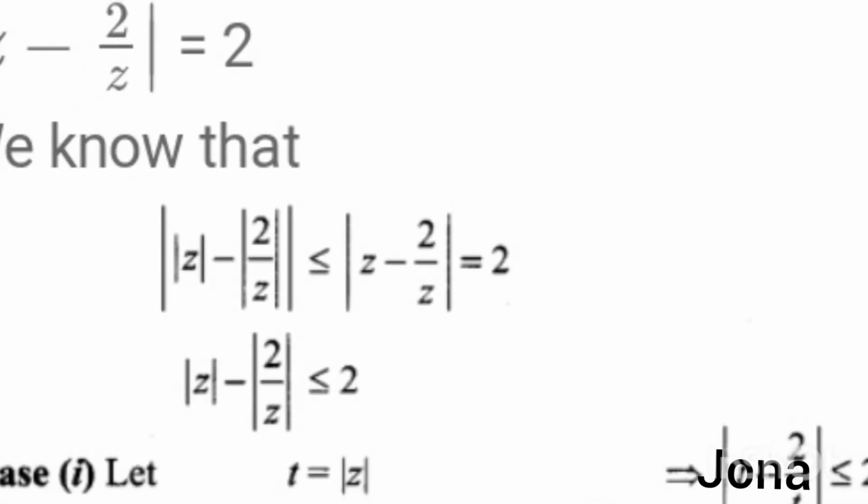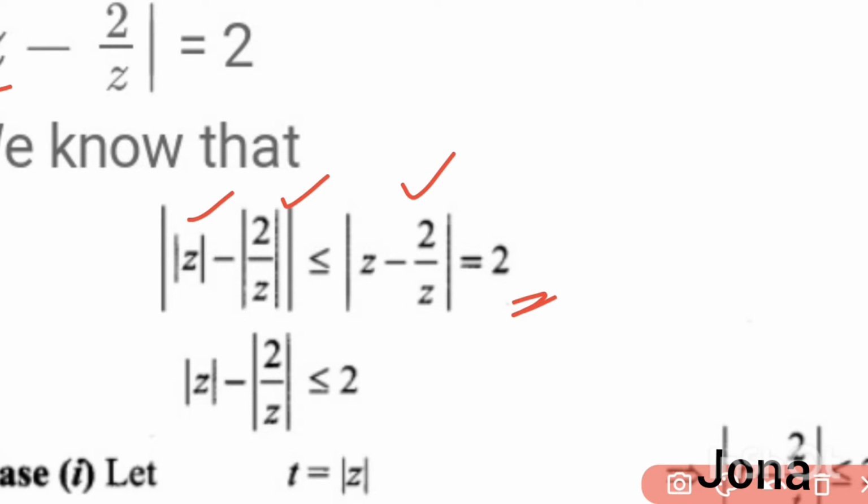So from this we can have modulus of z minus modulus of 2 by z less than or equal to modulus of z minus 2 by z, which equals 2.